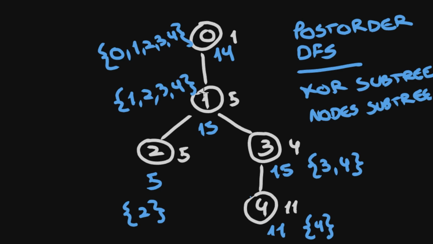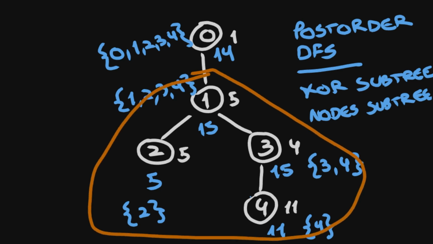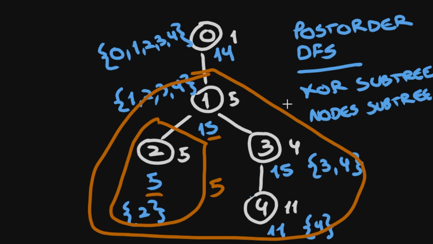So with this in mind, we will iterate every pair of subtrees. Starting from here, we remove this edge and we take this subtree. And we can remove this edge, meaning we take this subtree. The XOR value for this inner subtree is 5, and the XOR value for this outer subtree is 15 XOR 5.